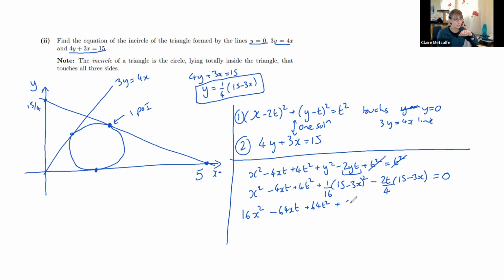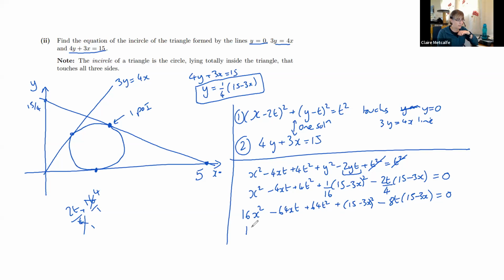This we've multiplied by 16, so we can get rid of those. And then 2t over 4 times 16. I can divide top and bottom by 4, and I now get 8t. So this is 8t(15 minus 3x) equals 0.